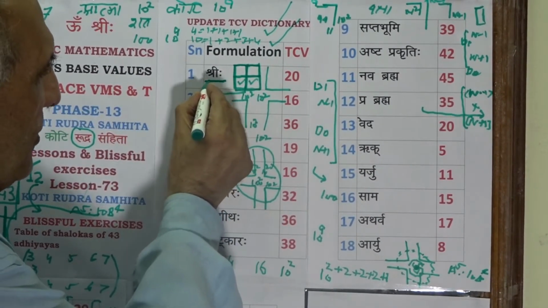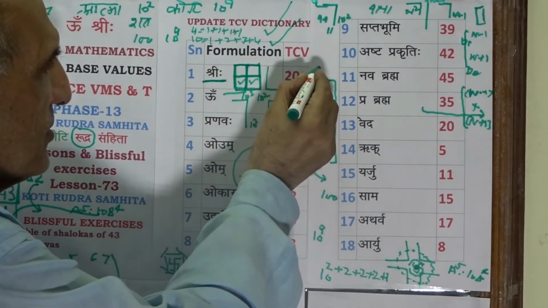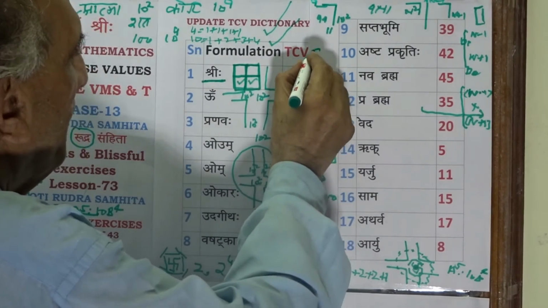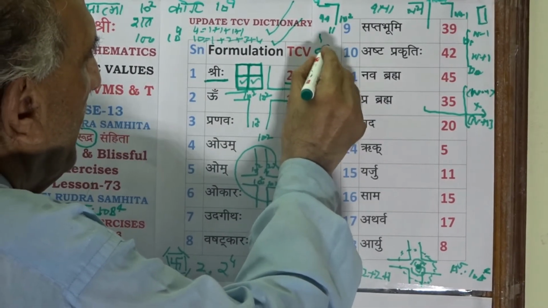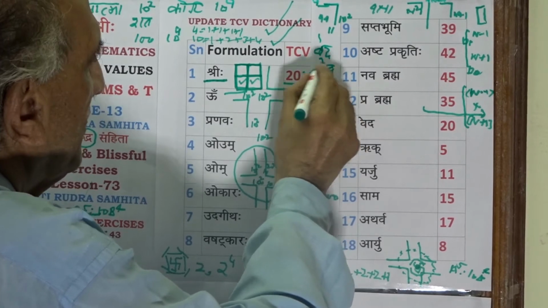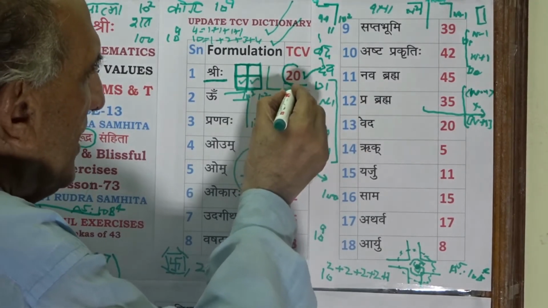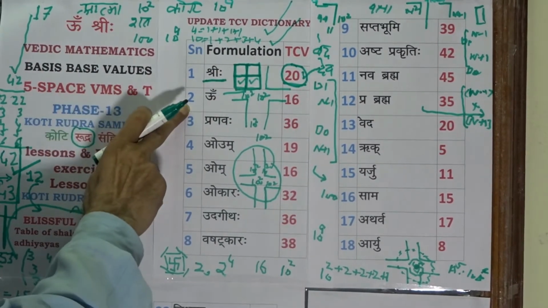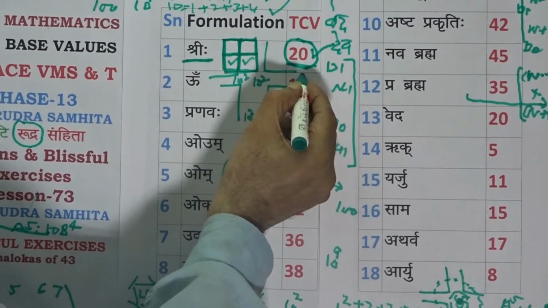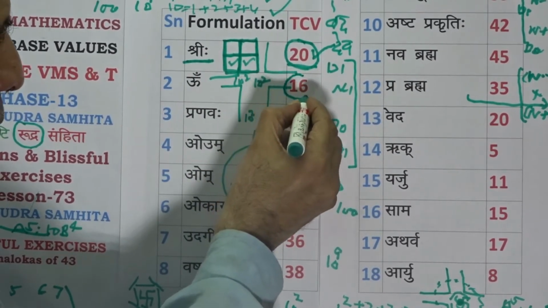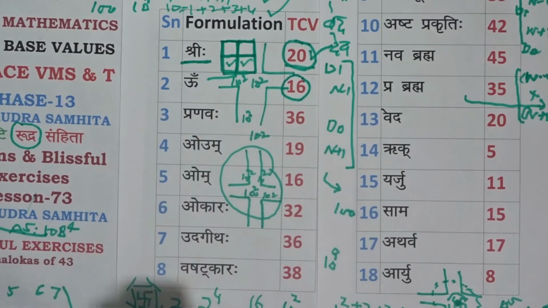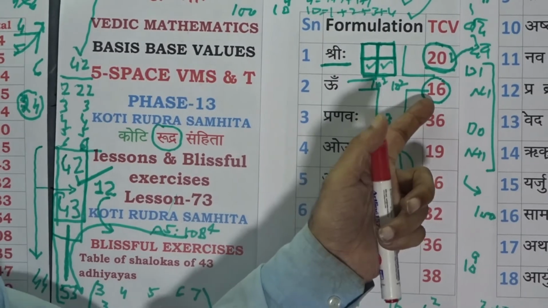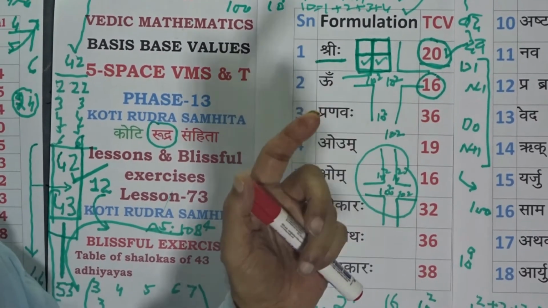And therefore these 78 formulations shall be chased one by one to reach at the transcendental code value. The formulation Shri takes us to transcendental code value 20, which is equal to the value of a Ved. It is also equal to the value of a Dev, and it is also equal to the synthesis value of the pair of transcendence ranges of a zero order. Then we reach at Om, it is formulation 16, and we know 16 is the value of the Jeev, 16 is the value of the Bij, 16 is the value of the dimensional frame of the creator's space.